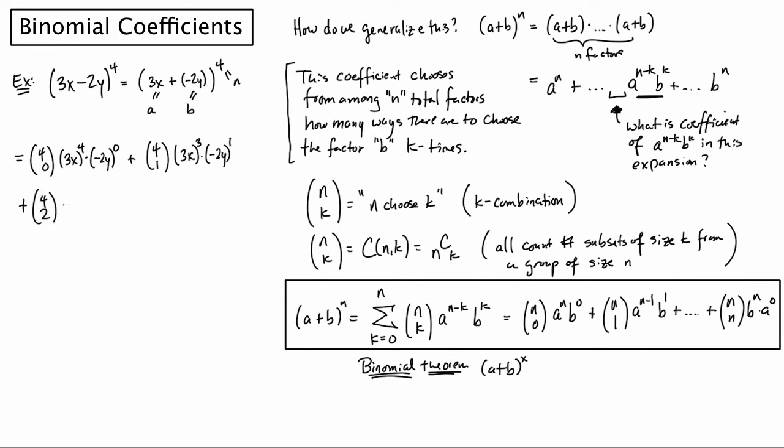And then 4 choose 2, (3x) squared, (negative 2y) squared. 4 choose 3, (3x) cubed, and (negative 2y), because it's got to add up to 4, right? 4 and 0, so 3 and 1. So 3x would be chosen once, and negative 2y would be chosen 3 times. And then finally, you would have 4 choose 4, where 3x is not chosen at all, and negative 2y is chosen 4 times.